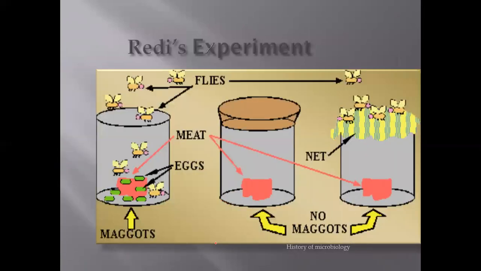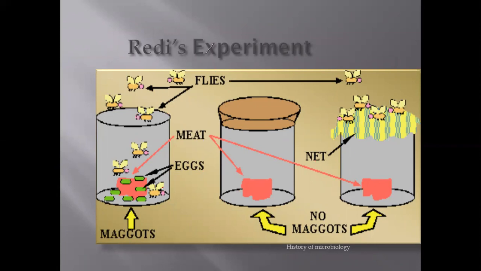His experiment used three jars. All of the jars contained meat broth. One jar was left open, one was covered with a cork, and one was covered with a net.